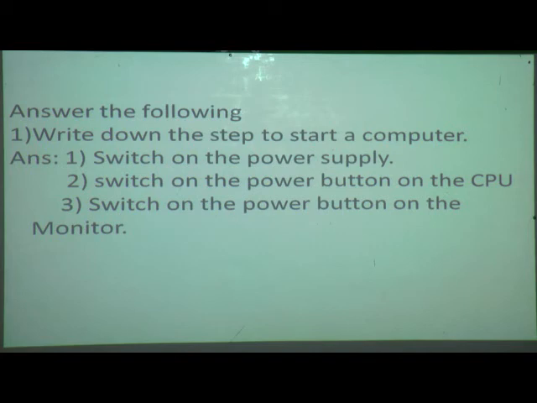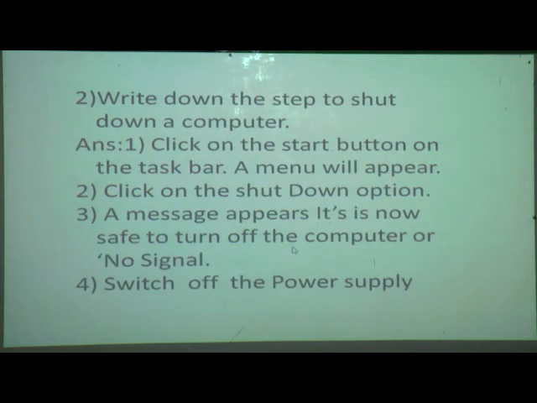How to start the computer? Switch on the power button, then switch on the power button of CPU and switch on the power button of monitor. Then what will we get? We get the screen, and the first screen of Windows is called desktop, right? Firstly we have to switch on the power supply button, then CPU button, and then monitor.